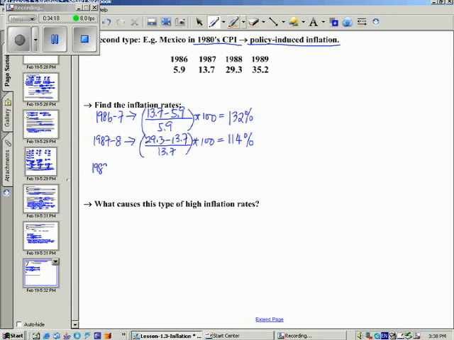Let's do the last pair. 1988 to 89. New value 35.2 minus the 29.3 divided by the old 29.3 times 100. This will give us something lower but still quite high inflation rates.